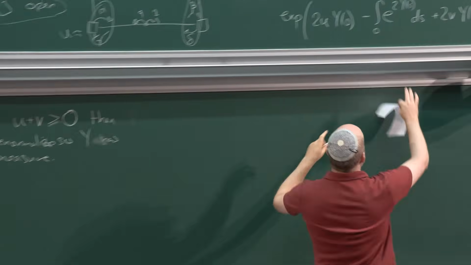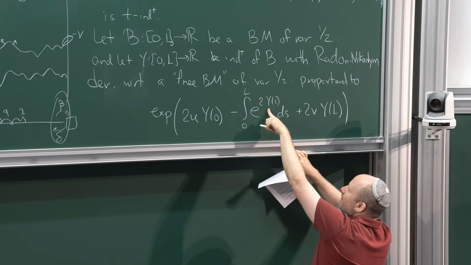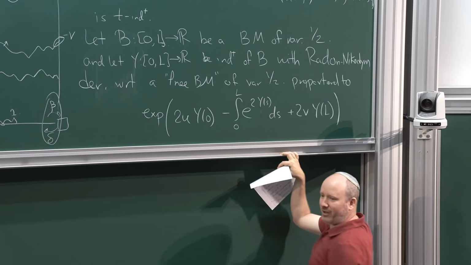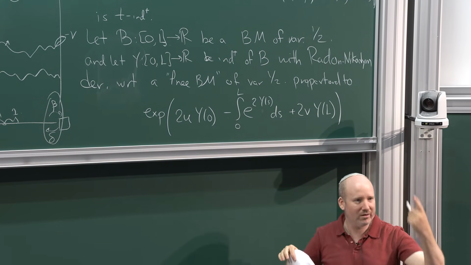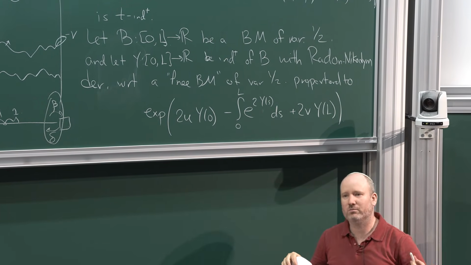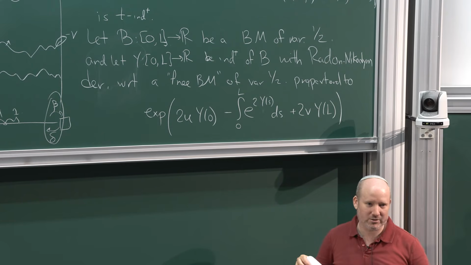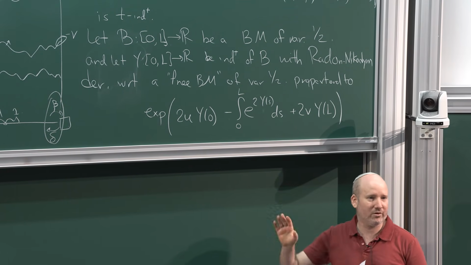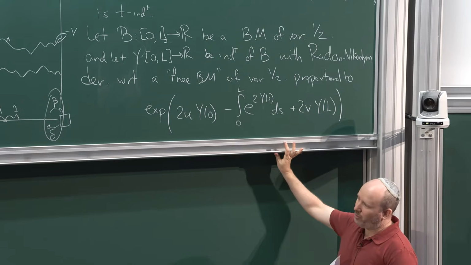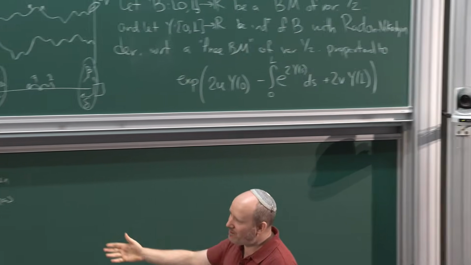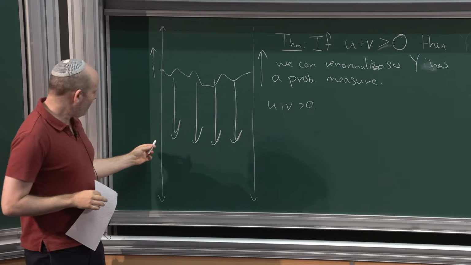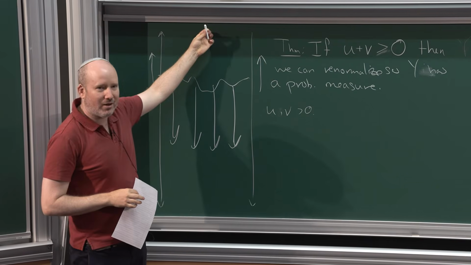Because if you're high here, you have e to that, and then you have a minus sign. So being high in the middle penalizes you exponentially in terms of the energy, and being low at the sides penalizes you linearly in terms of the energy. So what this basically means is you have some sort of confinement. You don't want to be too low here, and you don't want to be too high here.